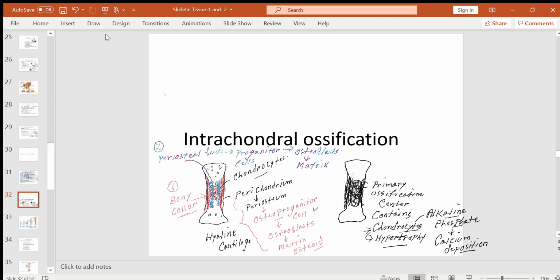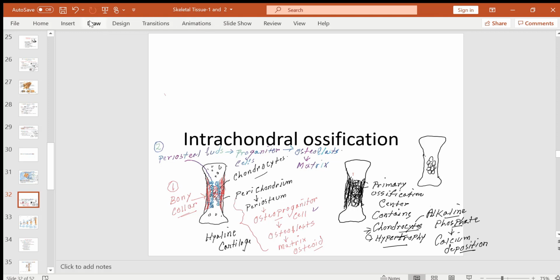And another thing will happen, that's the last thing I will draw here. So you got the calcium deposition inside the bone by the alkaline phosphatase, and this is the last thing. At one point these enlarged chondrocytes will get bigger and bigger, occupy more space, right, and will rupture or burst.